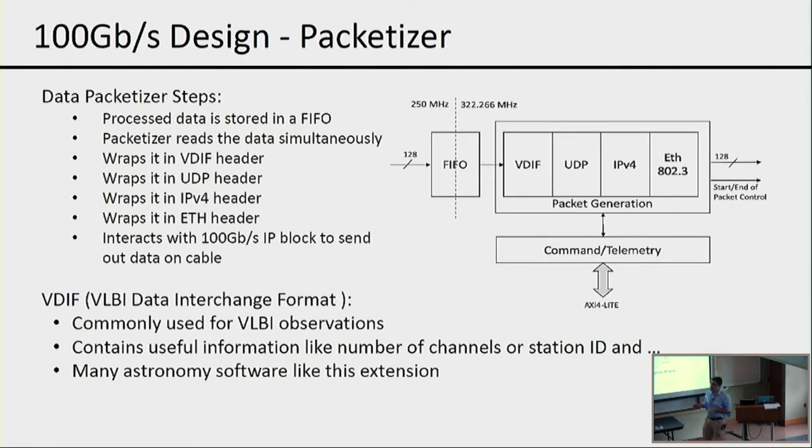Because VDIF is commonly used in VLBI applications and also contains very useful information like number of channels and station ID, and many astronomy software packages really like this extension. This packetizer block in our design will also wrap the data in UDP, IP version 4, and Ethernet headers, which are standards, and then it will interact with the IP that Xilinx is providing to transmit the data.